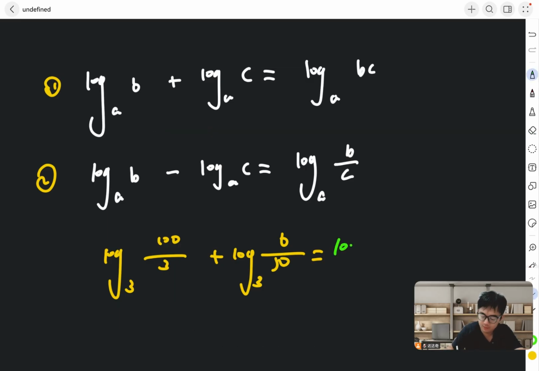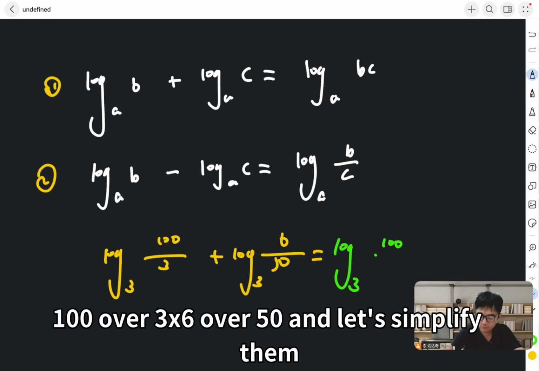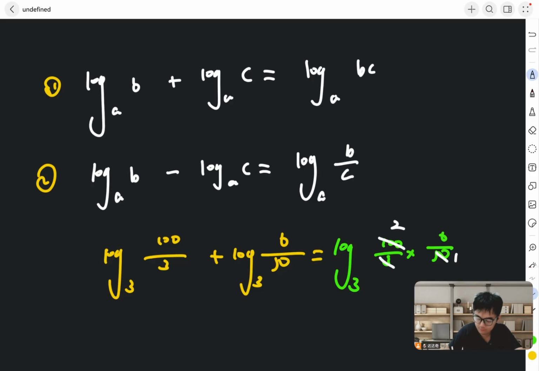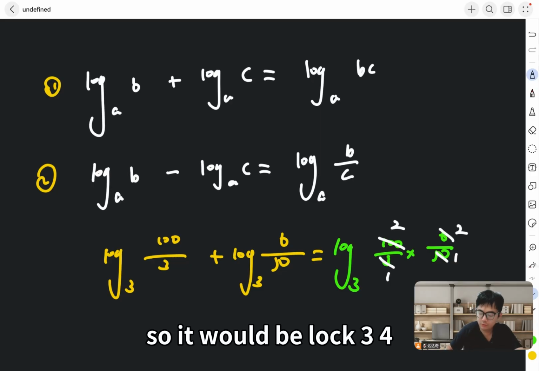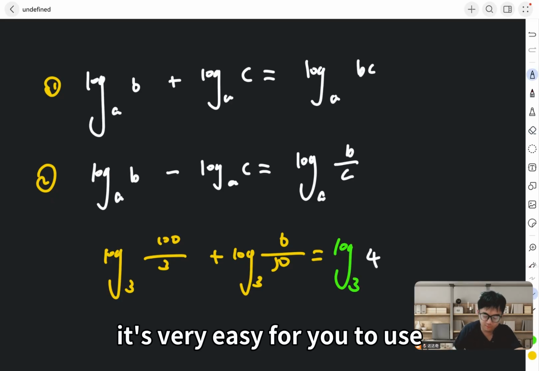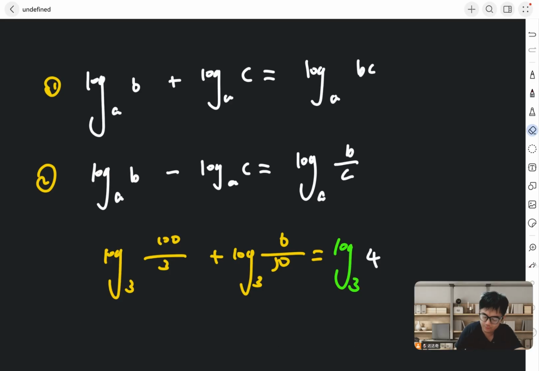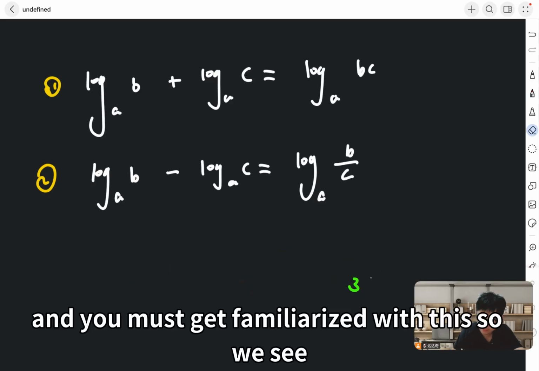Inside it will be multiplication, so it's log 3 of 100 over 3 times 6 over 50. Let's simplify them, and it would be log 3 4. It's very easy to use the addition rule, and you must get familiar with this.